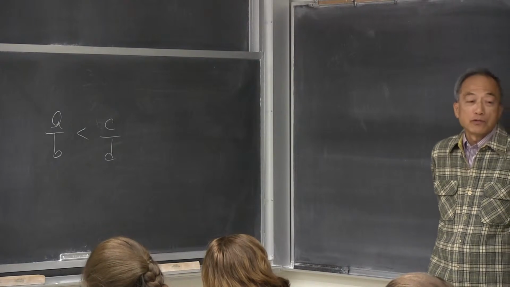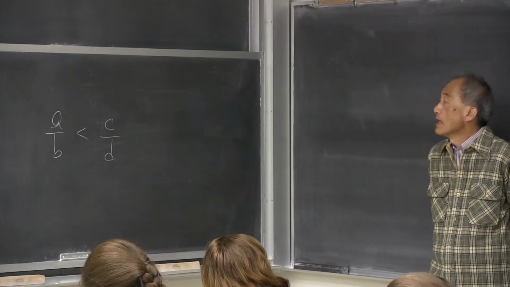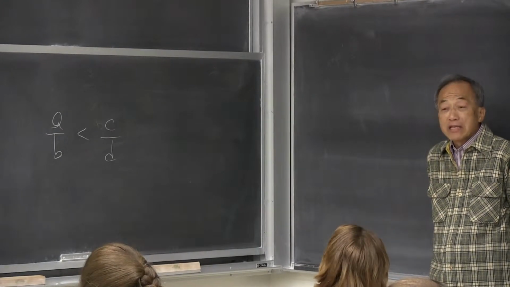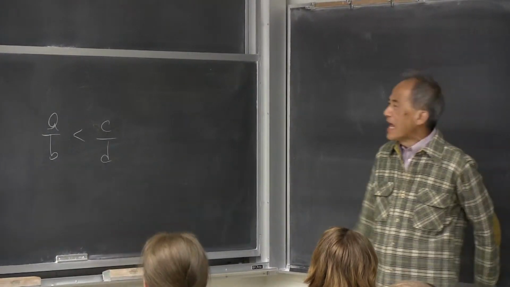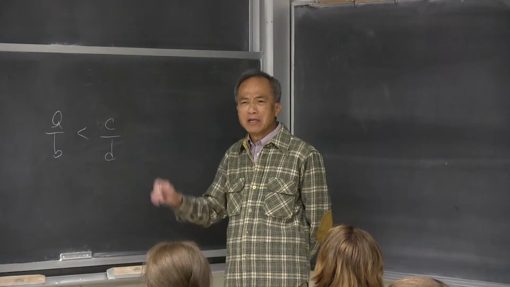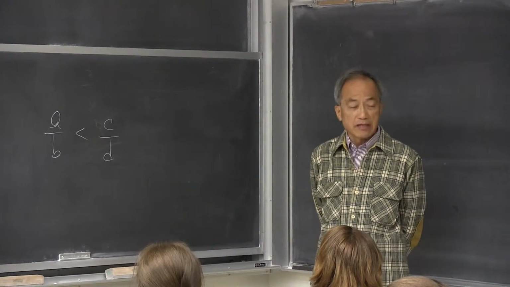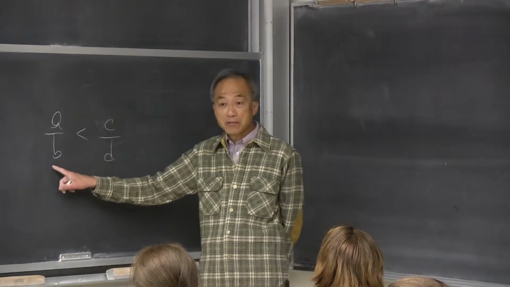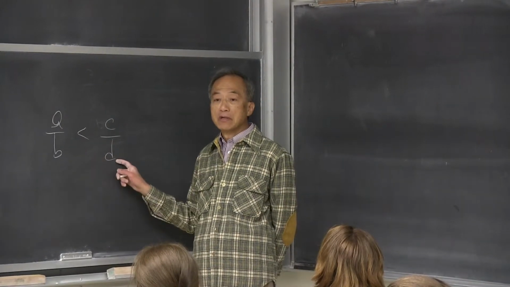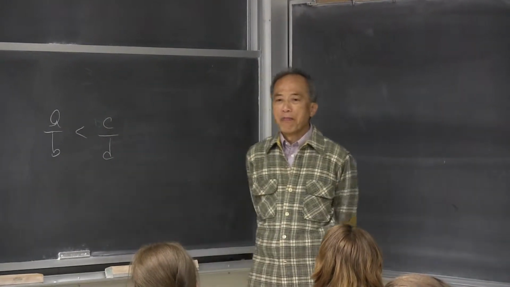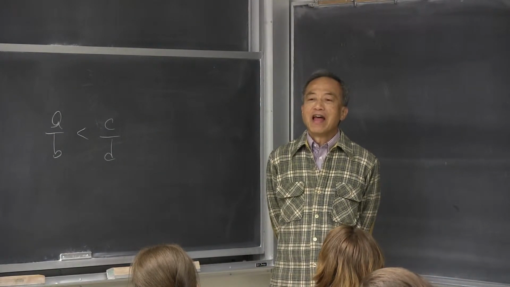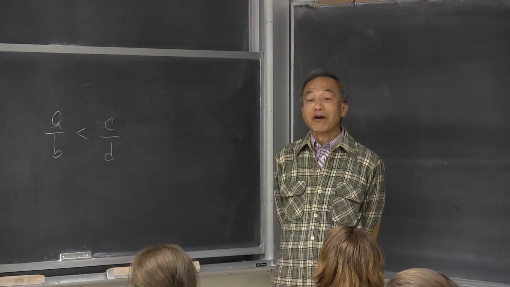Try it. Use what you know from the textbooks. What do you think that means? What do they say? They say, oh, it names a smaller amount than this one. What's that mean? Still, what does it mean? The length of that line segment A over B is smaller than the length of the line segment C over D. But now you're already on the number line, right?